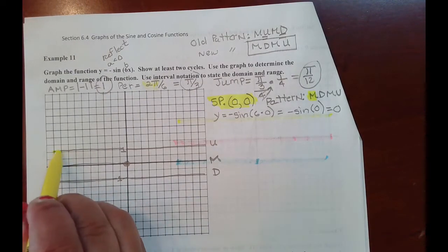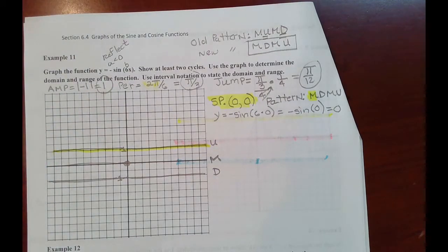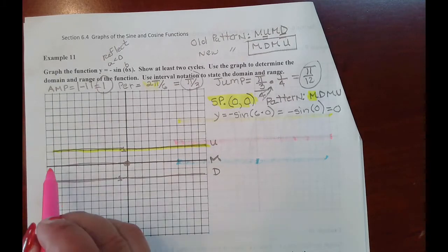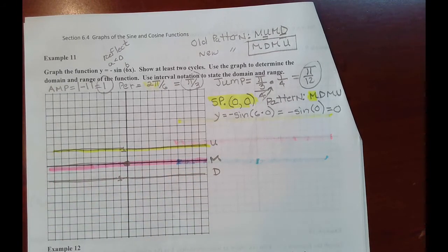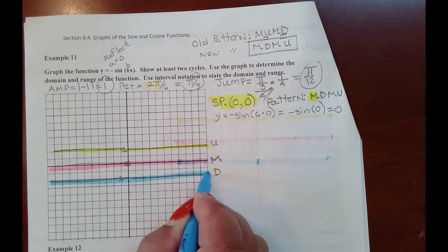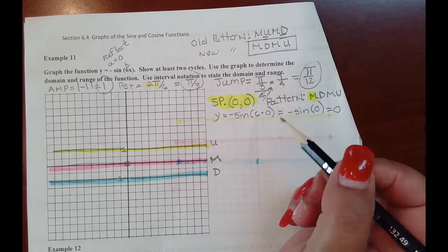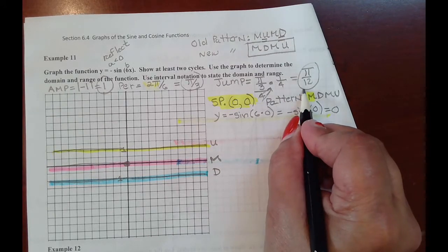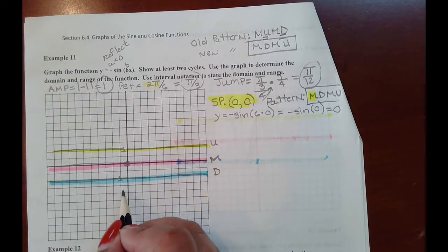Alright, so just so they're real obvious, I'm going to put them in colors. And this is my lowest level down here. I already have one of my points plotted, the start point, and now I'm going to look to the rest of my pattern, that revised pattern, and I'm going to continue with it.